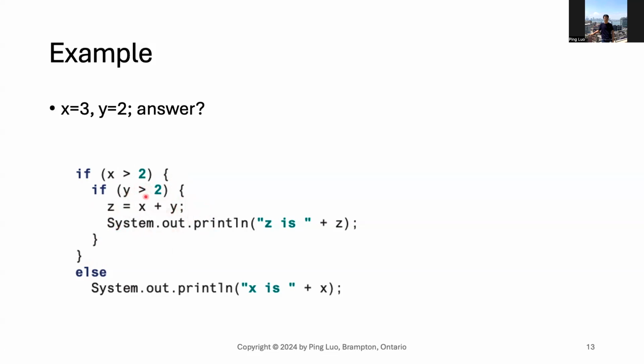But this one is not true. y equals 2, not greater than 2. So this one is false. Because it's false, it just does nothing. This else corresponds to this if, and we already determined this condition here. This block does nothing, so the whole program does nothing.